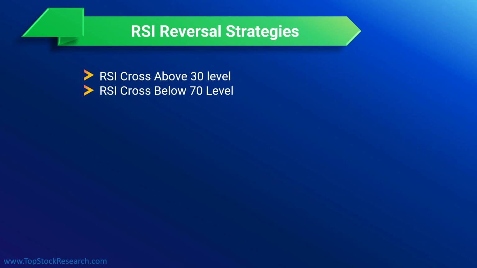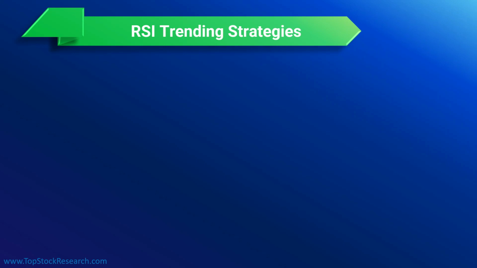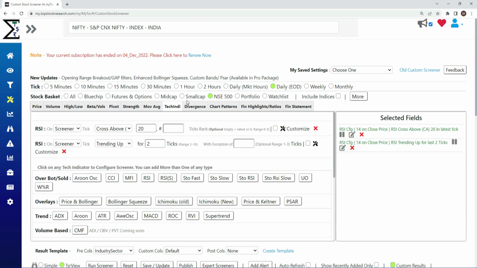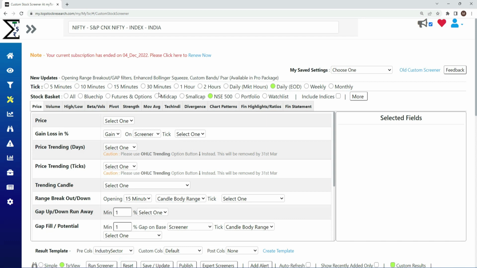Trust me, guys, this is something that you may really want to use for your personal analysis purpose, right? The third one, which we have briefly looked at, is the trending strategy, right? Now, if you are looking at RSI which is trending for, let's say, 5 days, RSI trending for at least 5 ticks. So let's go reset it so that we go in with a clean slate.